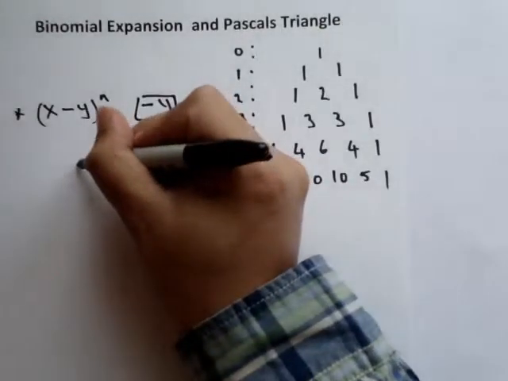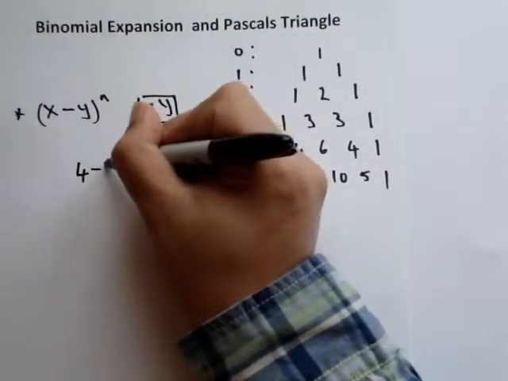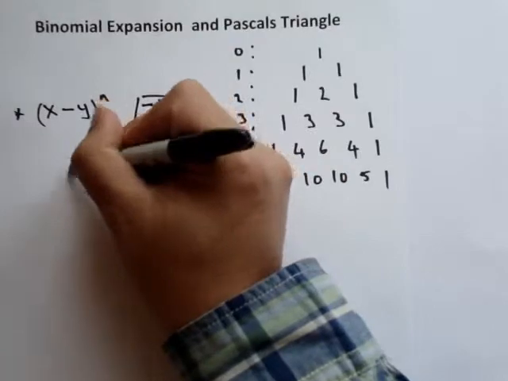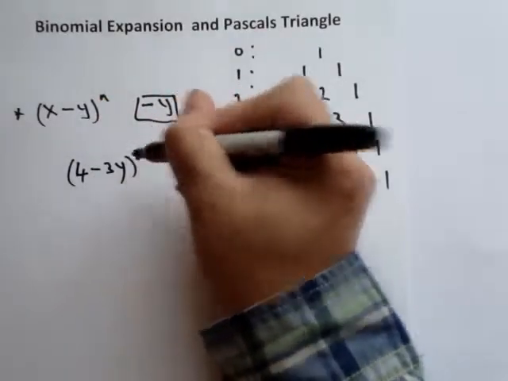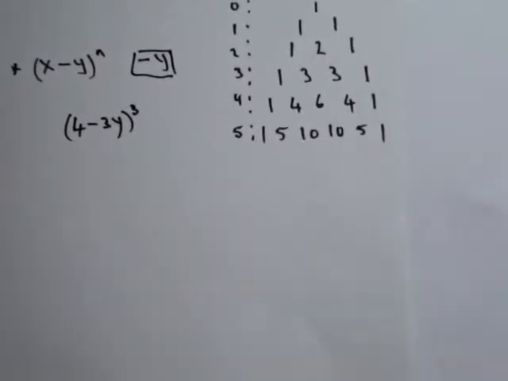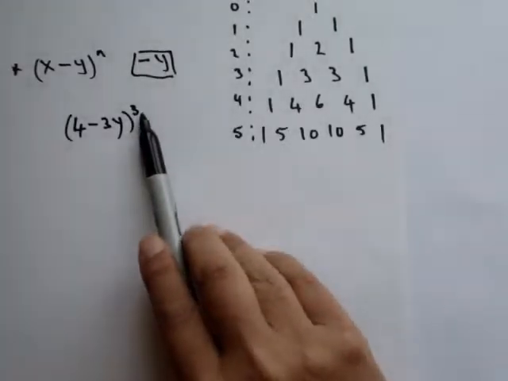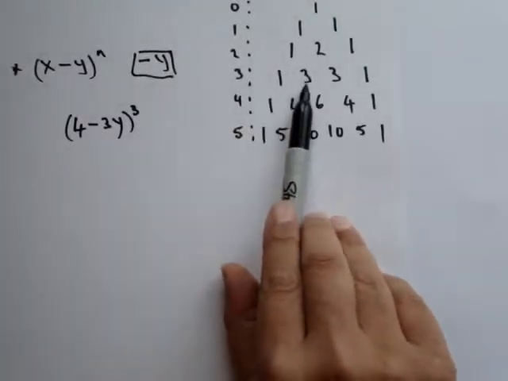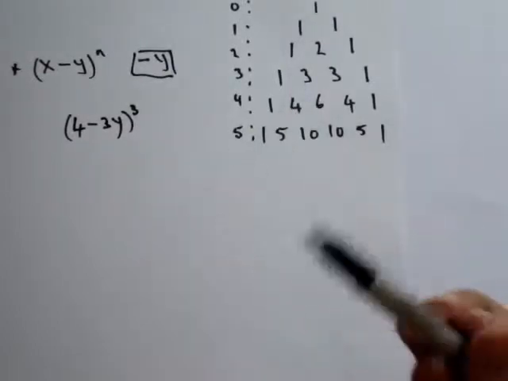So for example, if we had 4 minus 3y to the power 3, and we want to expand that, we do our coefficients from our Pascal's triangle. So power 3, we go to the third row with the 3 in the second position as the second coefficient.